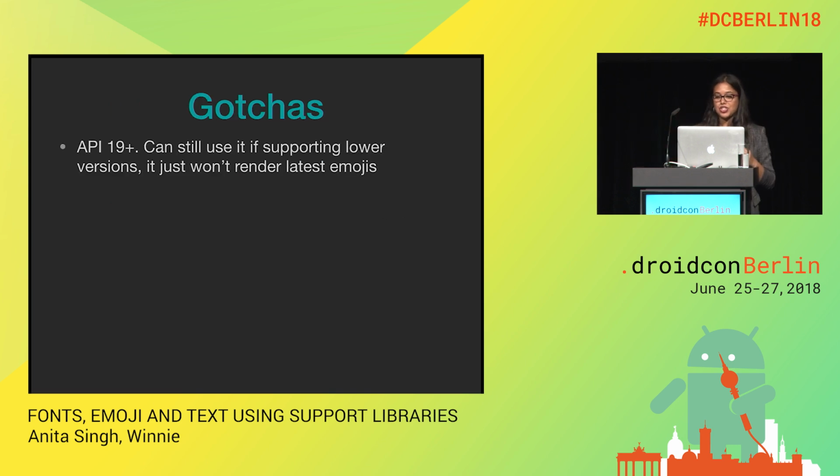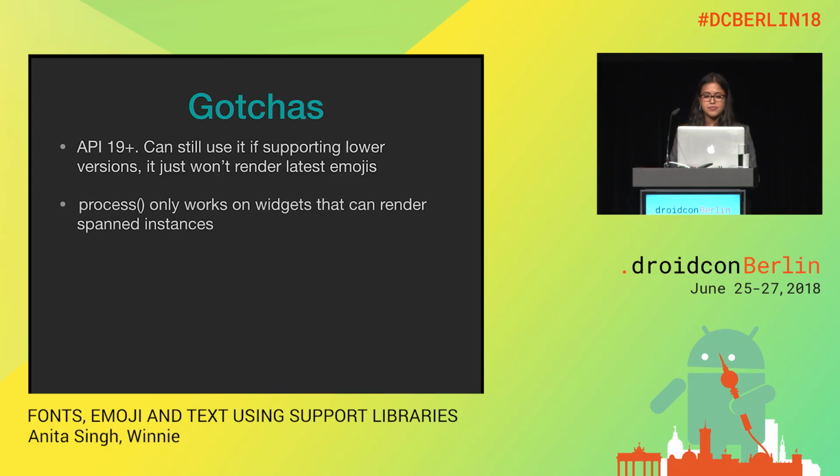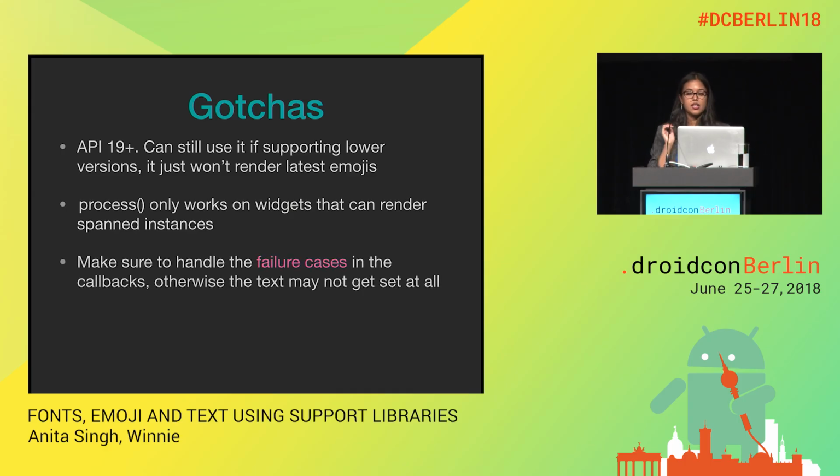All right, so what are the gotchas? It is API 19+. You can still use it if you're supporting lower operating systems. It just won't render the latest emojis. The process only works on widgets that can render spanned instances, so others may not be able to render the emojis. Make sure to handle the failure cases.